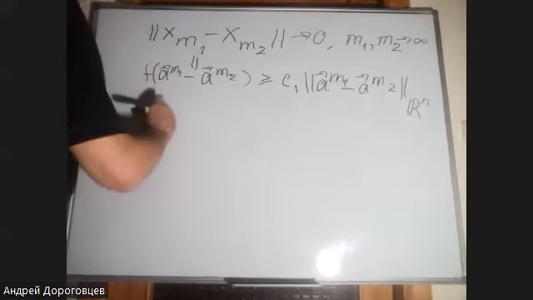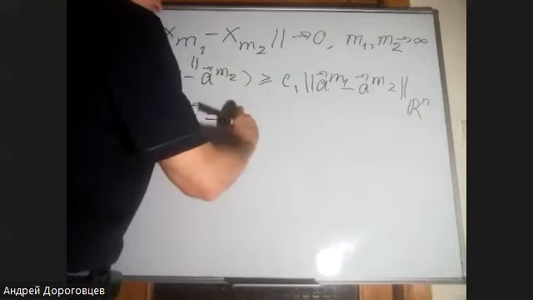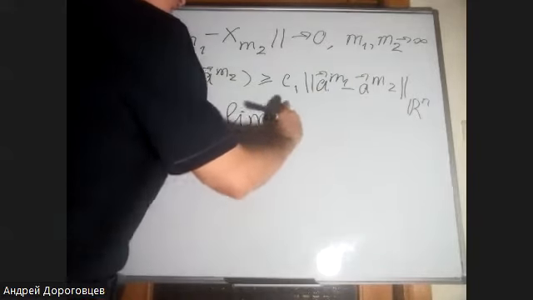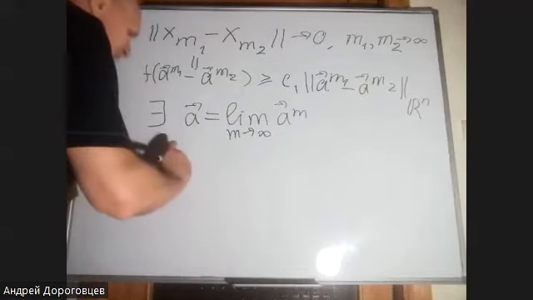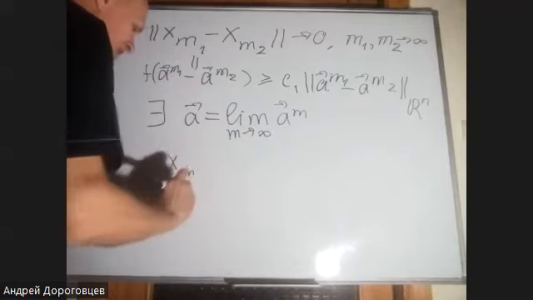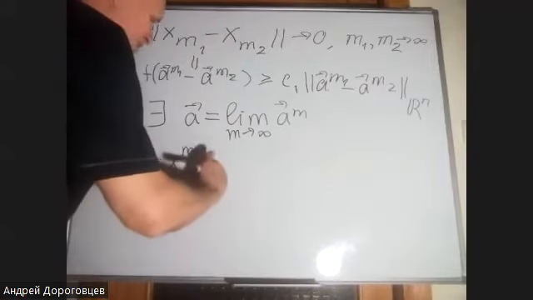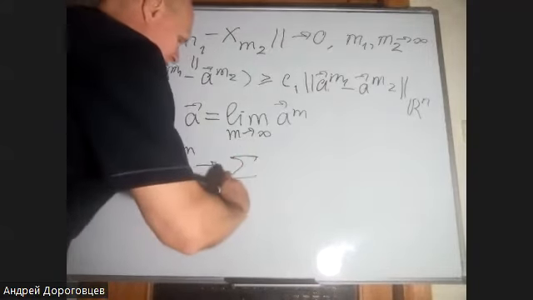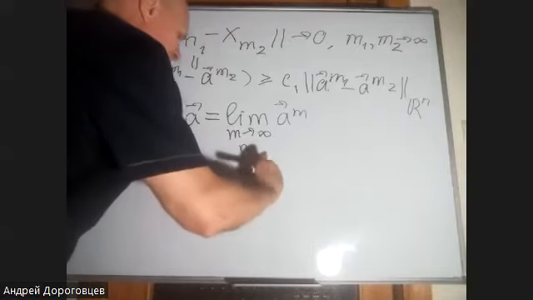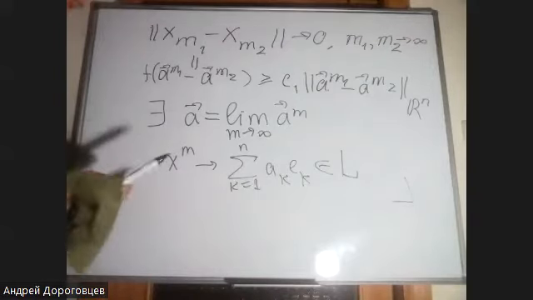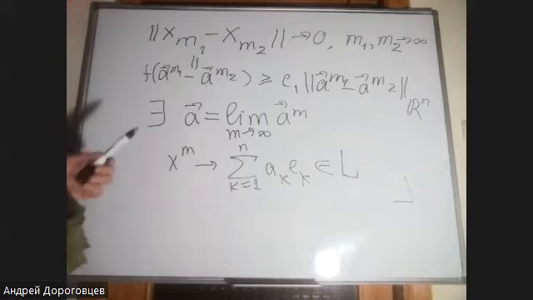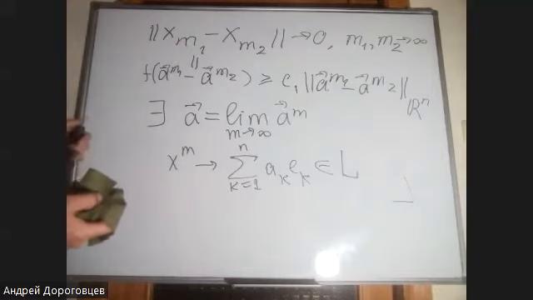So there exists a equal to the limit when m tends to infinity of a^m, and now it's evident that xm tends to the sum from k equal 1 to n of ak ek, which belongs to our A. So we understand that our finite dimensional space is always closed. It is a good and important thing for us.